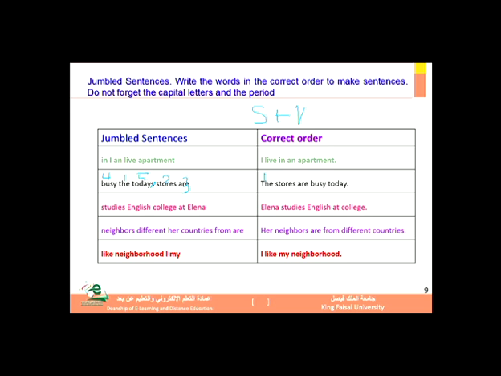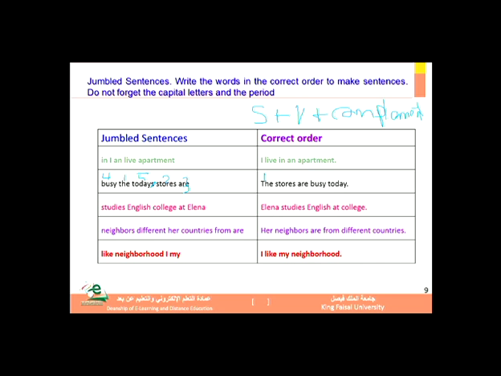So after the verb, we can have the object of the sentence. So we can have what we call the complement. And the complement might be a prepositional phrase like in an apartment, can be, for example, an adjective, can be an object, and so on and so forth.